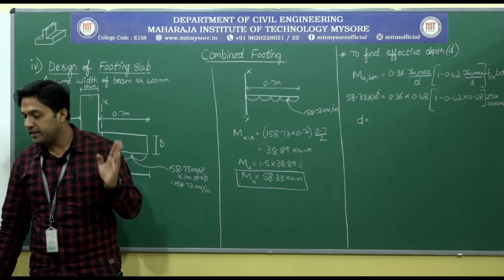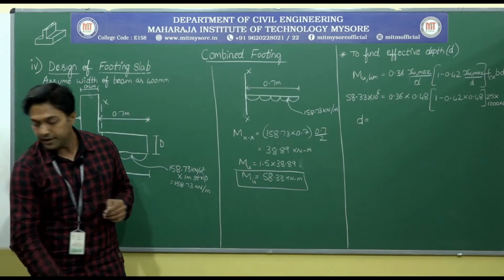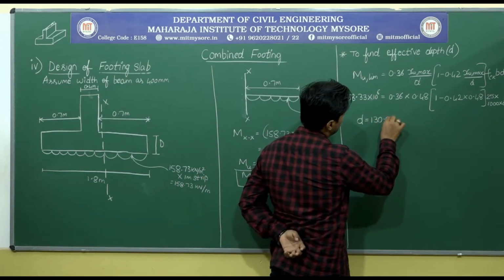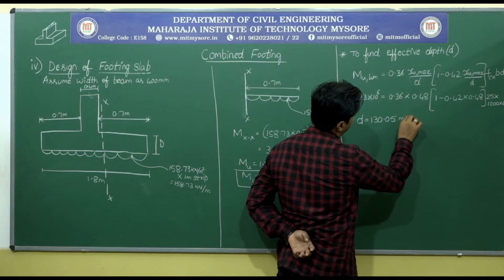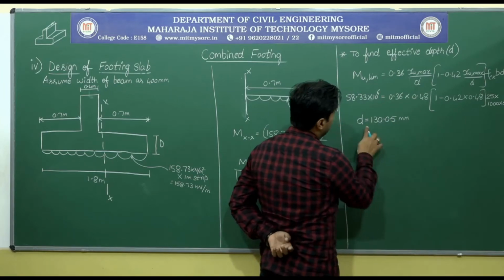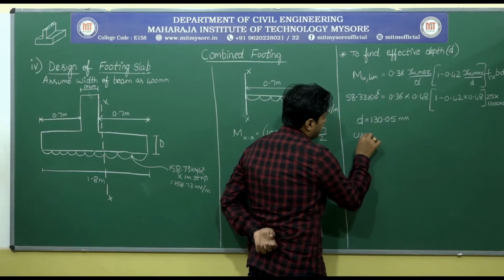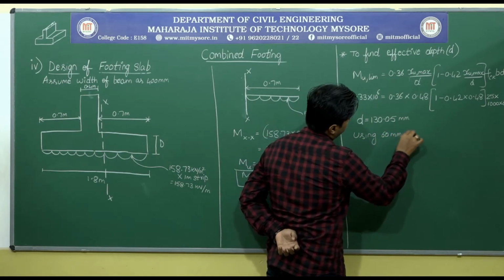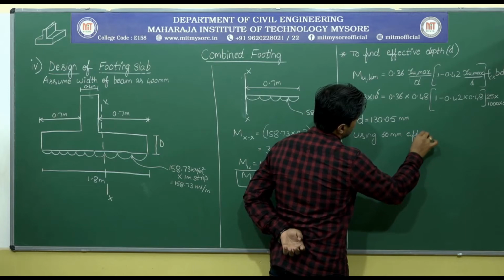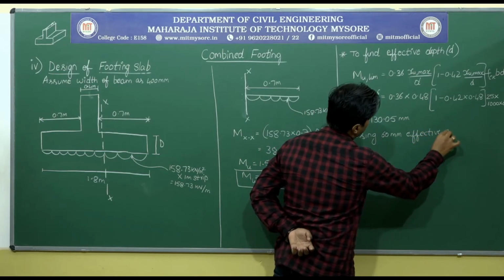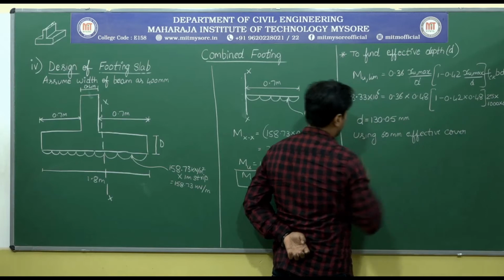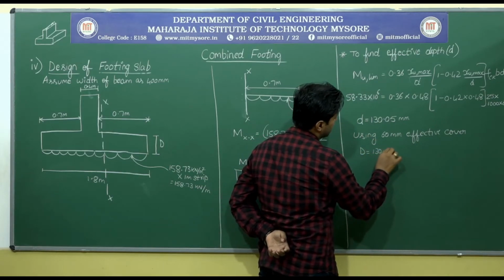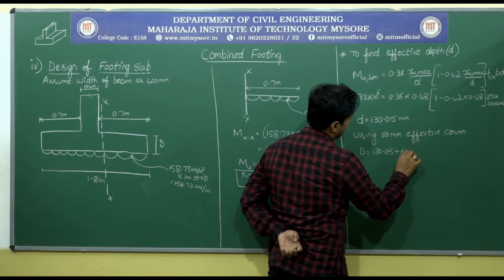So using the calculator and solve option, what is the value of d that we get? The value of d that we get here is 130.05 mm. Yes or no? So now using 60 mm effective cover, overall depth is equal to 130.05 plus 60.